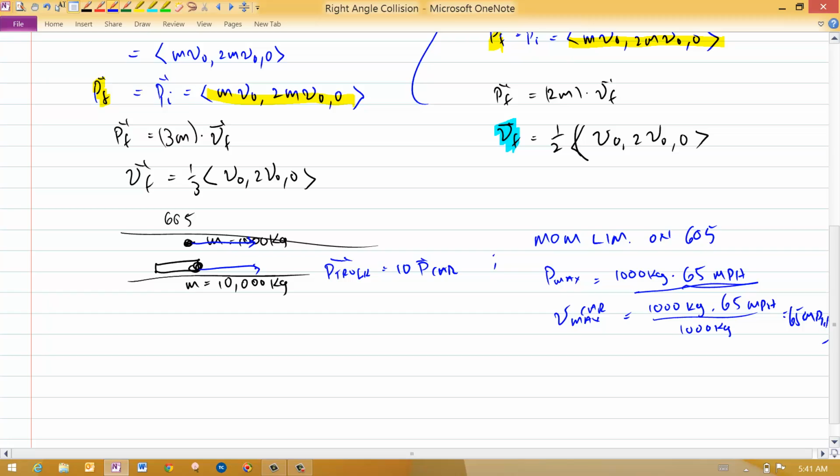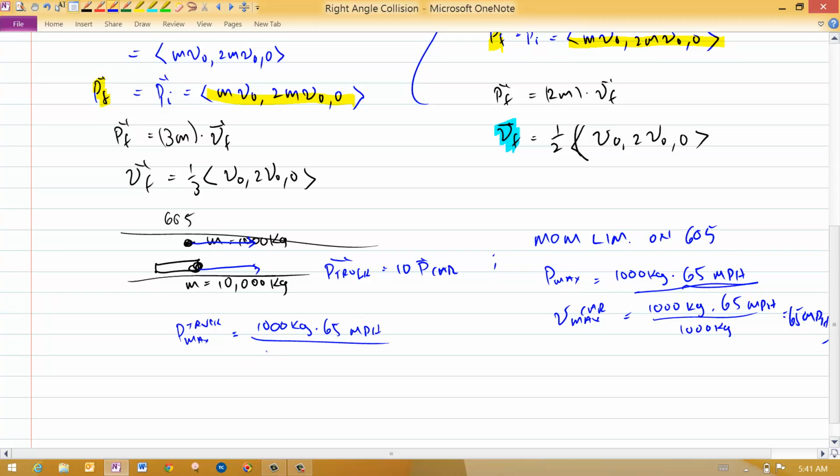Great. So the car is able to go at its normal speed. For the truck, well, its maximum momentum is still 1,000 kilograms times 65 miles per hour.